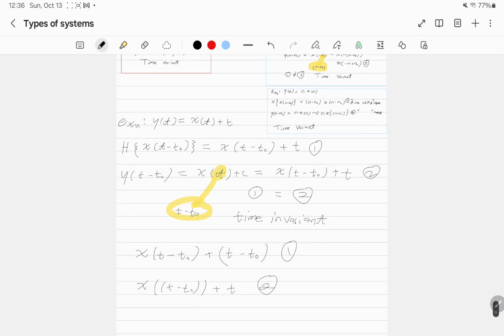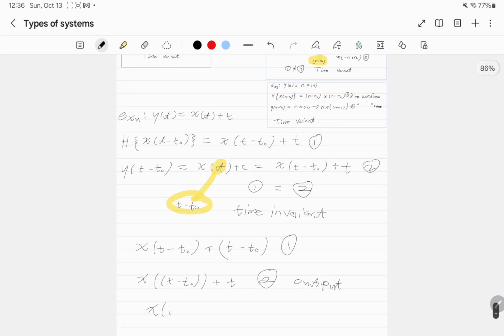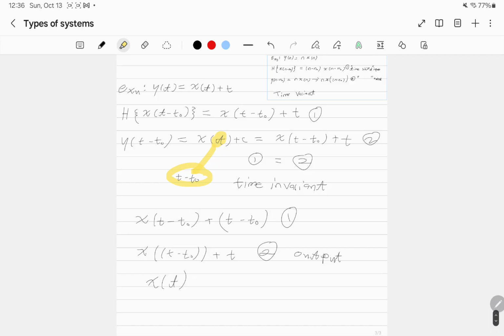So just to go over it, when you're doing a shift on the output, you substitute t minus t naught for t when you have an x of t. So that sounded pretty confusing, but I have x of t, and I sub in t minus t naught for a shift on the output.